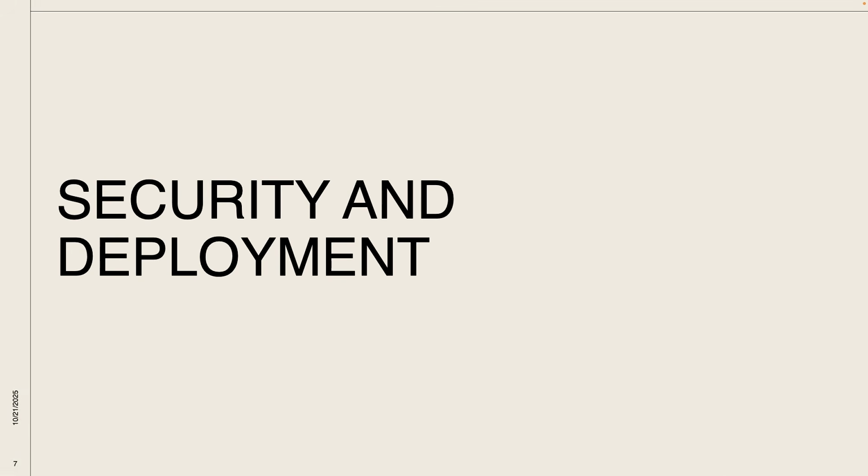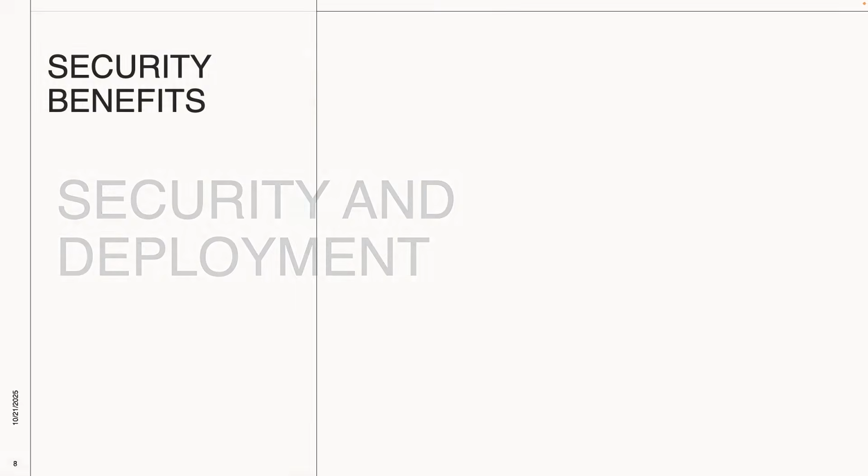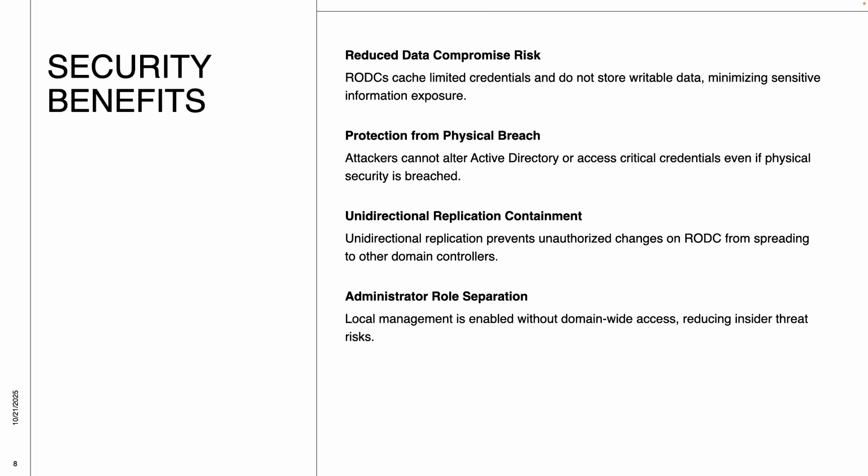Let's talk about the security and the deployment of the RODCs. RODCs provide significant security advantages, especially in environments where physical access to the servers can't be tightly controlled. Since RODCs do not share writable data and only cache selected credentials, the risk of sensitive information being compromised is greatly reduced. In the event of a physical breach, attackers can't alter the Active Directory database or access the critical credentials.